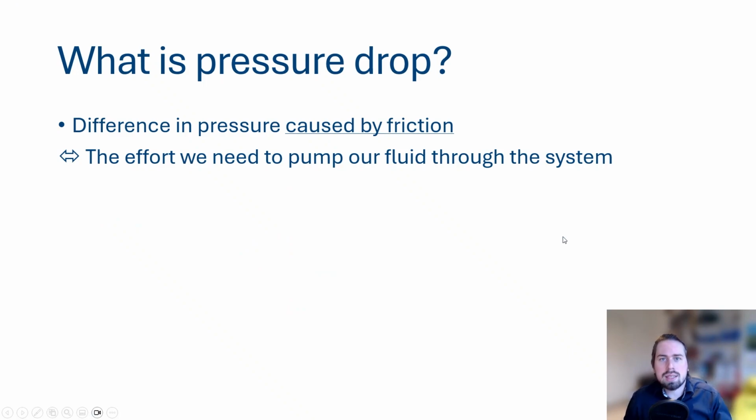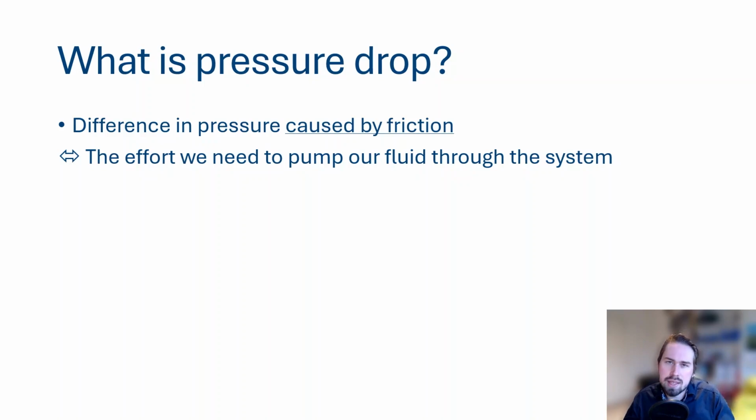So what exactly is the pressure drop? If we look at the strict scientific definition, the pressure drop is defined as the difference in pressure between 2 points caused by friction. Friction between the fluid and the pipe, and between the fluids internally, between the different molecules.